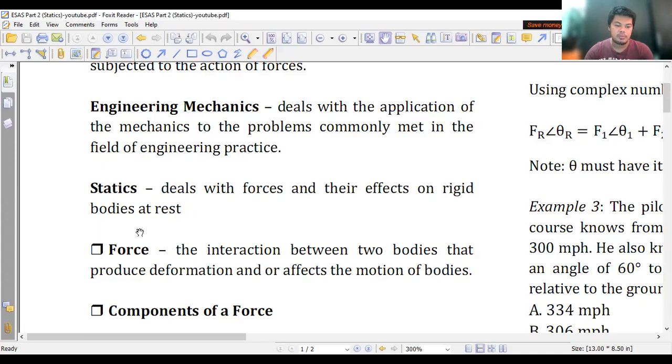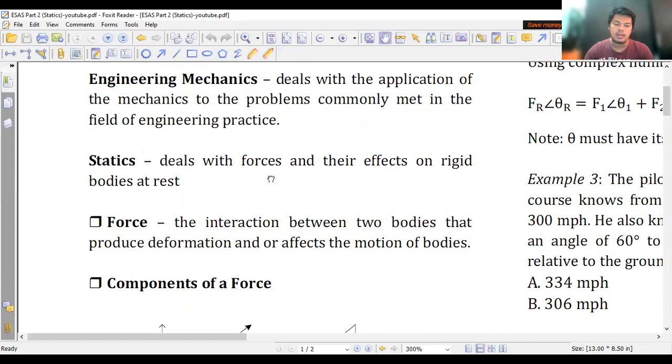And for the statics part, from the word statics, we can relate it to a body at rest. Meaning, the topics that we will be discussing under this recorded lecture involve bodies at rest with forces subjected on them.